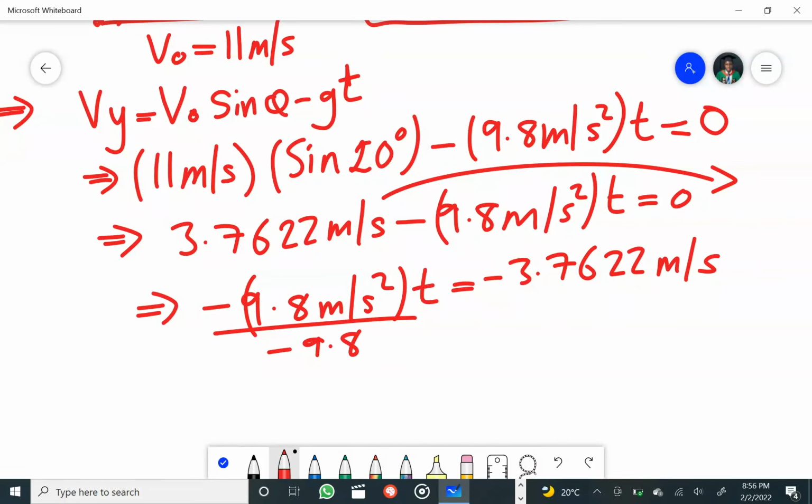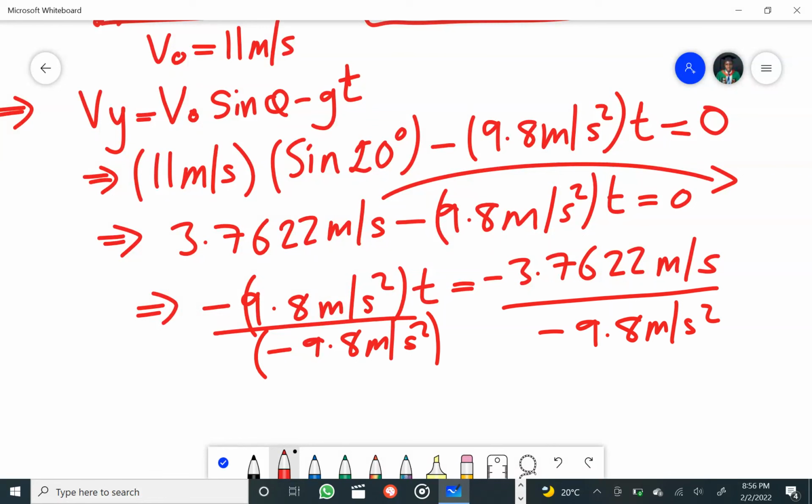Then divide both sides by that. You see that those negatives have cancelled out, right? And this makes sense because you can't have time which is a negative, right?